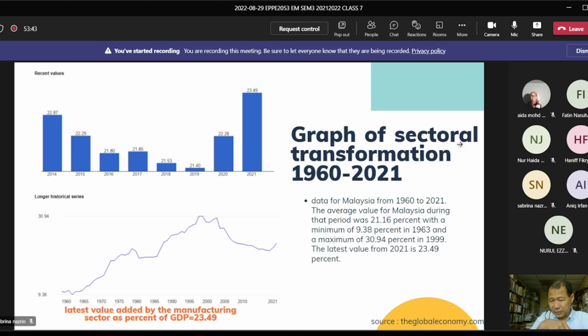And by 2005 or 2004, the data I looked at, it was 2005. After that, manufacturing started to go down. So it's like an inverted U kind of graph for manufacturing. Next slide.